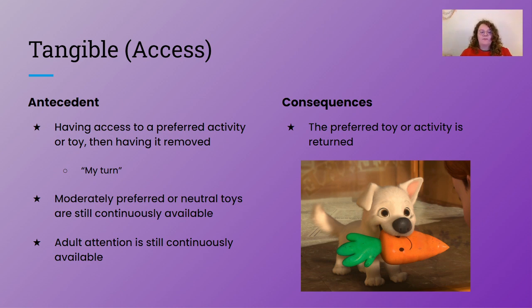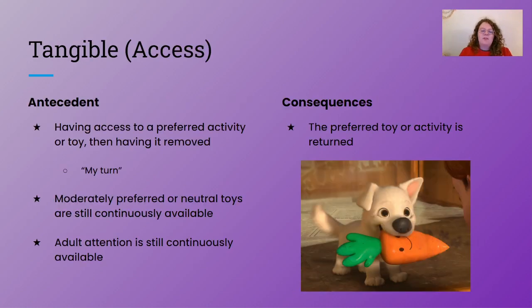They're still allowed to have moderately preferred toys, neutral things. They can still have your attention. However, if they engage in behaviors targeted for decrease, then I want you to immediately return the activity or preferred item.